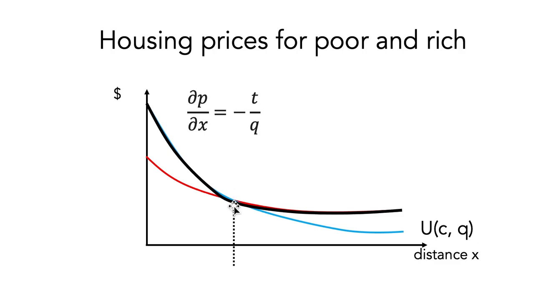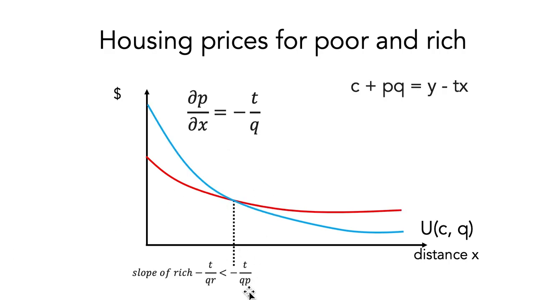And you might recall that the slope at any given point is given by minus commuting cost divided by the square footage of the house. This comes from the derivative of P with respect to x when you solve for P from the budget constraint of the consumer. Given that this is the slope, let's put ourselves again in this equilibrium point. What's happening here?